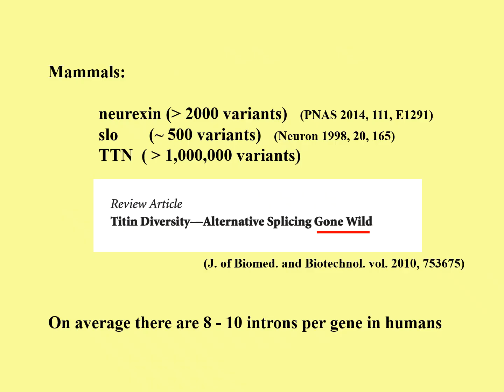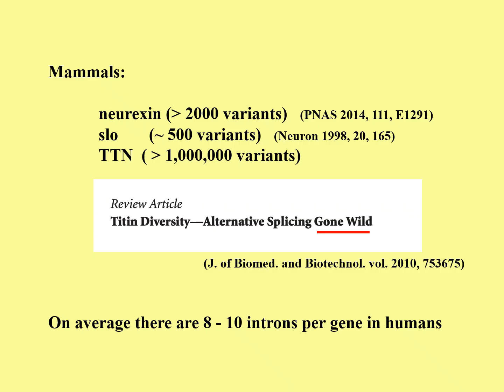Some proteins have even more variants or isoforms than tropomyosin. In mammals, a protein called neurexin, involved in neuronal development, has more than 2,000 variants. A gene called SLOW is used to generate proteins that form ion channels in inner ear hair cells that are important for distinguishing a range of sounds.